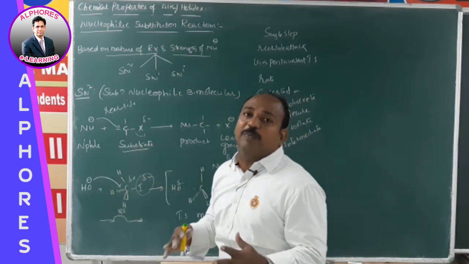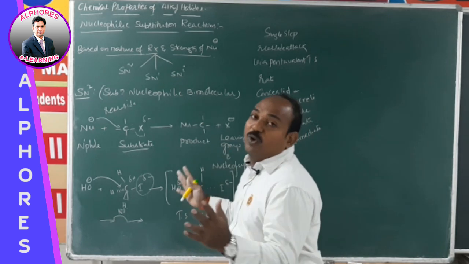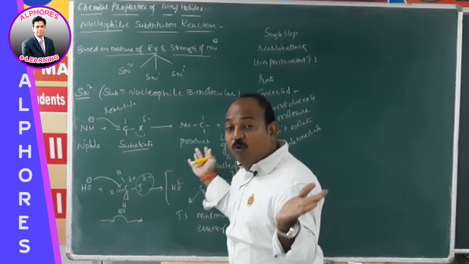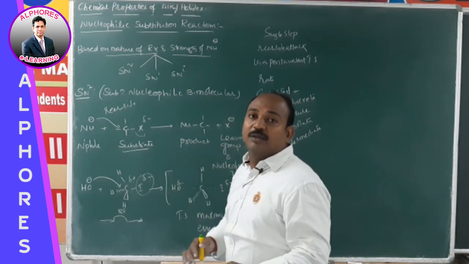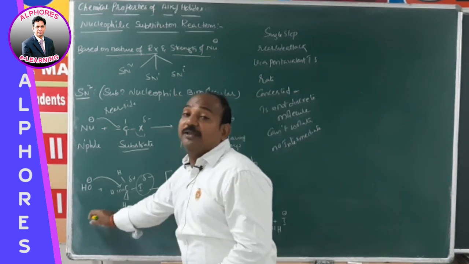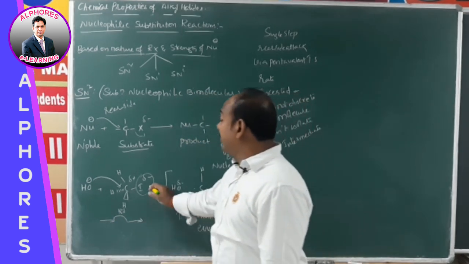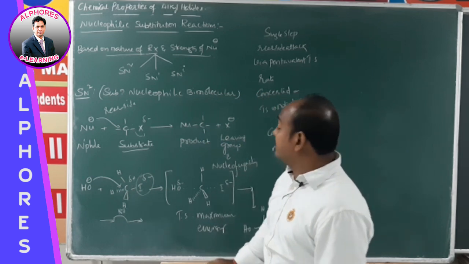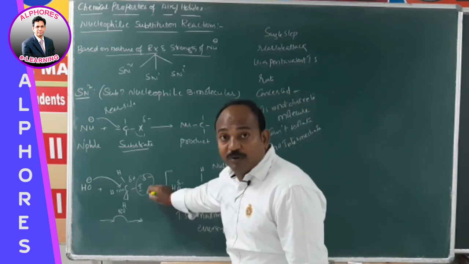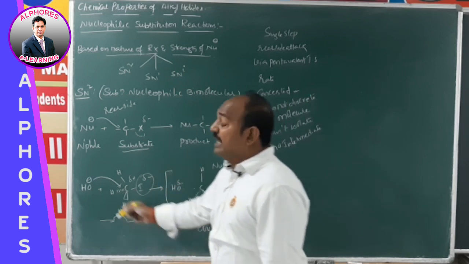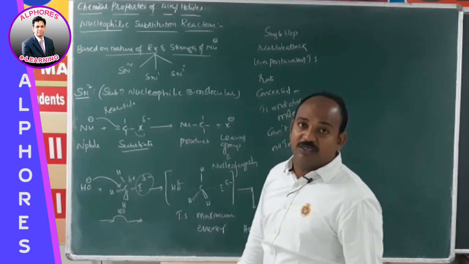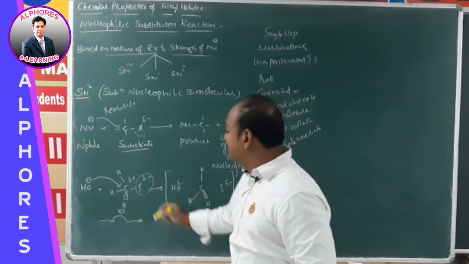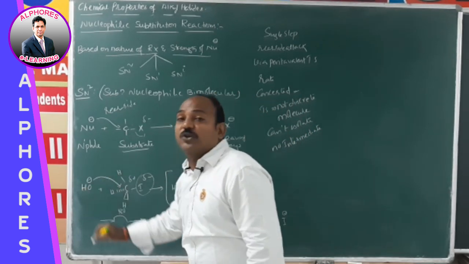To minimize the repulsion, these two always try to move as far away from each other as possible, that is, 180. That's why they maintain a 180 bond angle. Hope you got the point here.